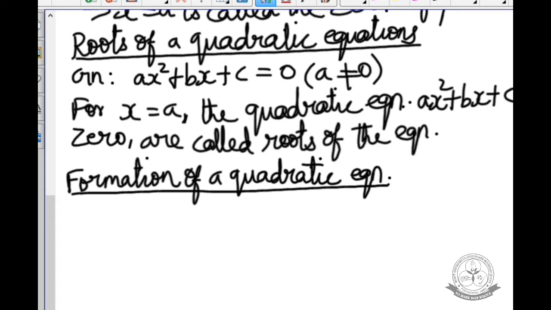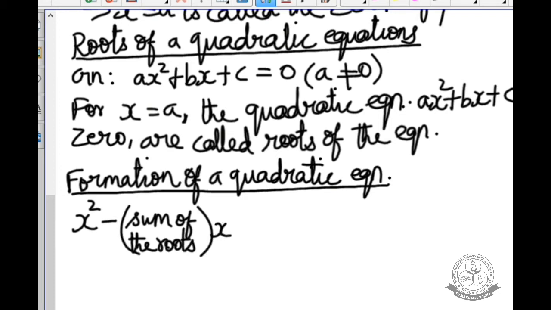It is in the form x squared minus the sum of the roots, since it is an equation we say roots, sum of the roots into x plus product of the roots equal to 0.